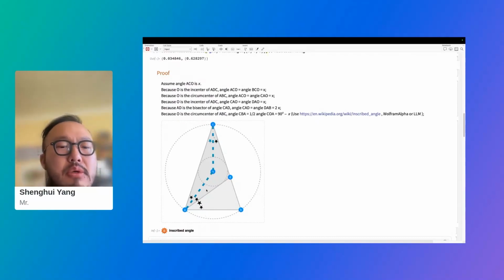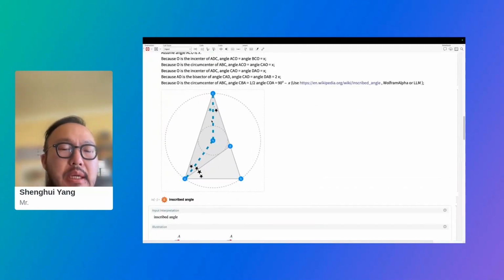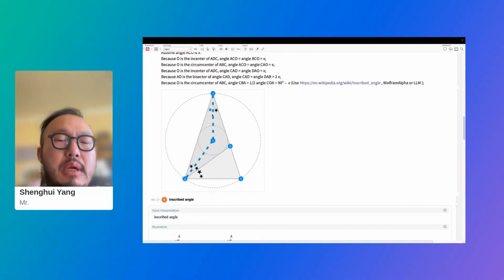So in total, you have 2 plus 4, and 4x. So in total, you have 10x. So 1x is 18 degrees. So this is basically how you solve it, and ACD is 2x, so it's 36. This matches exactly what we have in the symbolic solver.